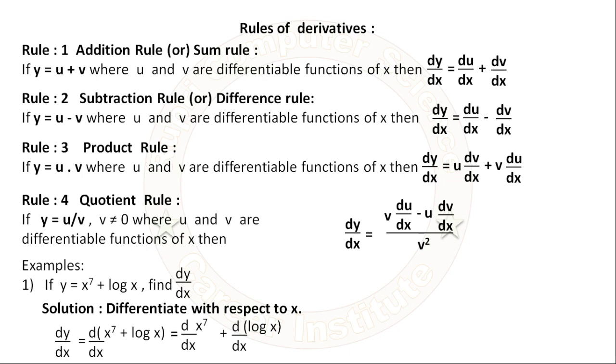Therefore, it is equal to 7 x raised to 7 minus 1 plus, log x derivative is 1 upon x. That is equal to 7 x raised to 6 plus 1 upon x. So, this is your answer.